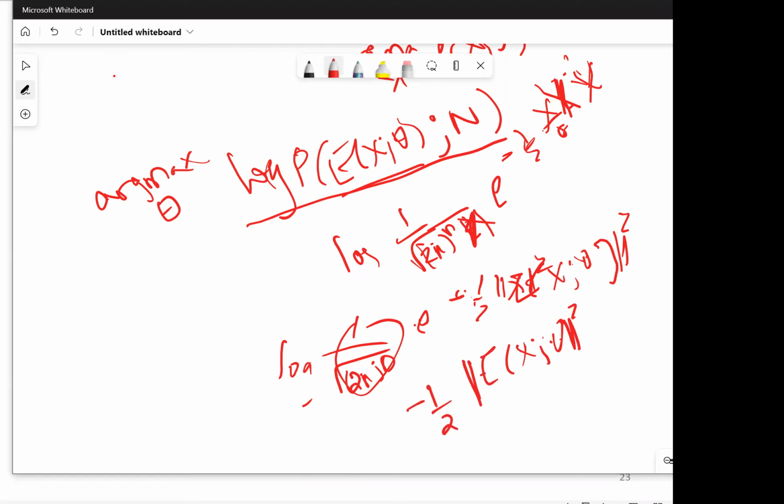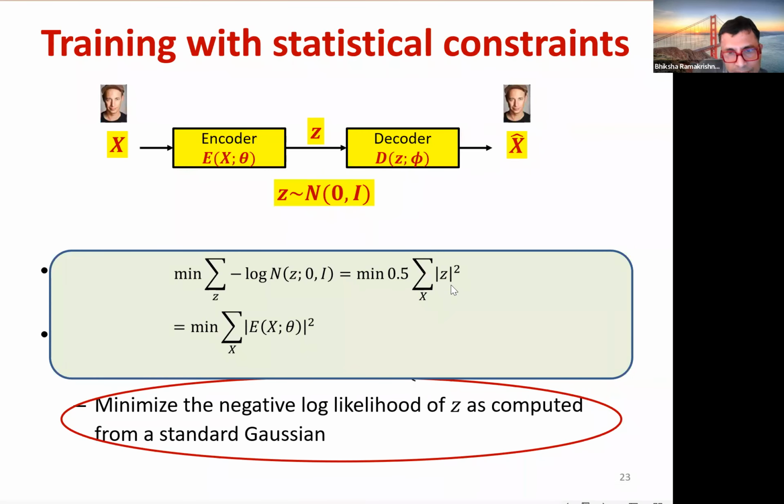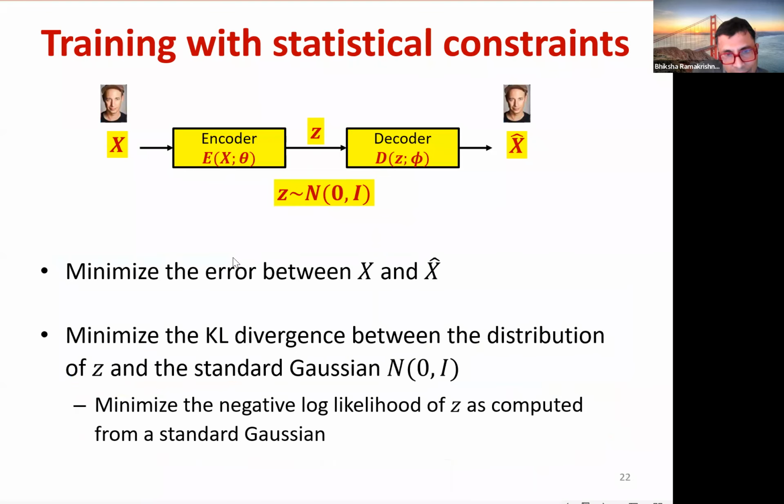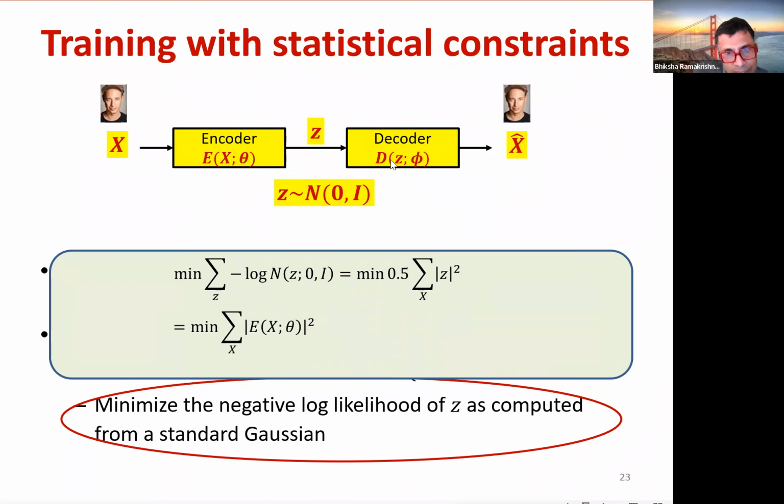Oh, yes, I see. Okay. So basically what this means is that when I'm trying to maximize the log likelihood of the data against a standard Gaussian, it's the same as minimizing the negative of the log likelihood, which is the same as minimizing 0.5 times the norm of z squared. 0.5 is a scaling factor.